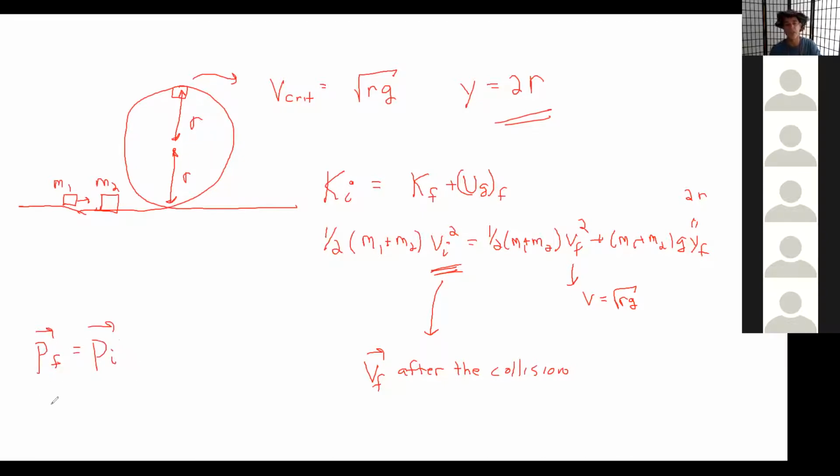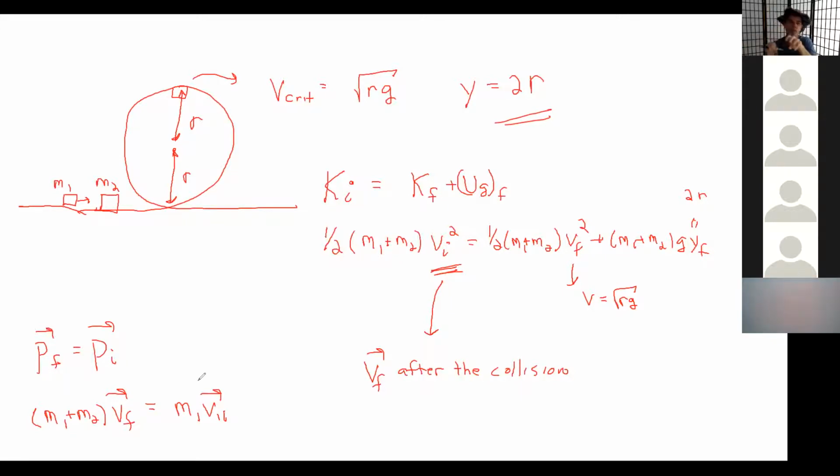After the collision, in this case, if it's perfectly inelastic, they stick together and move as one. So I would have M1 plus M2 times V final, and this equals M1 times V1 initial, because M2 was initially at rest.